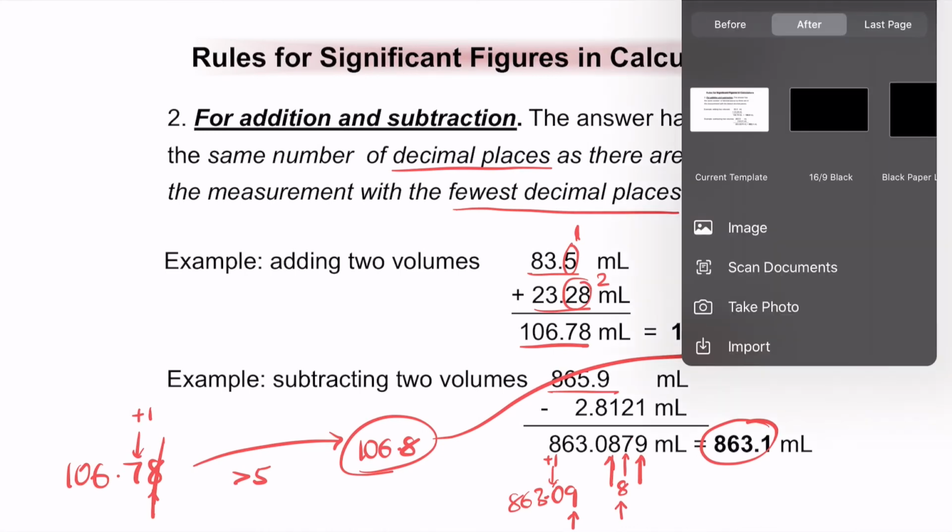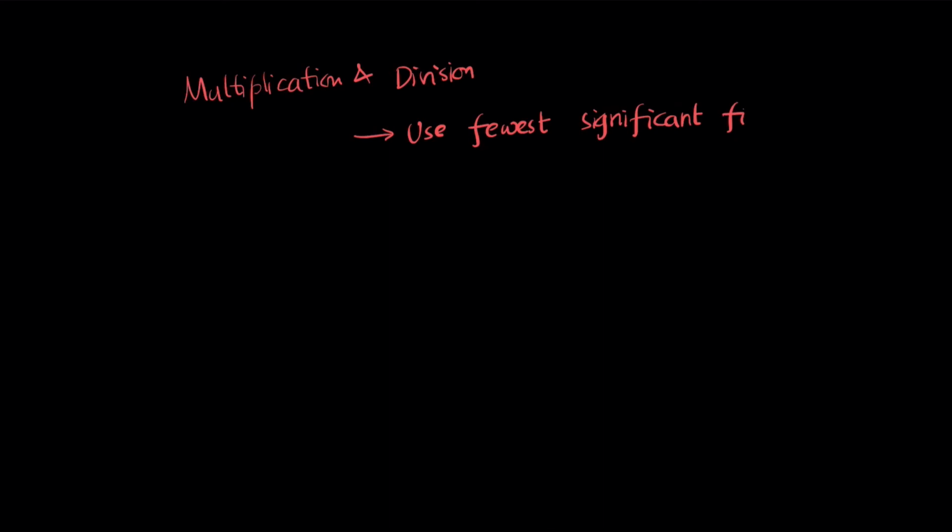So to summarize, for multiplication and division, use the fewest significant figures of the numbers being used.